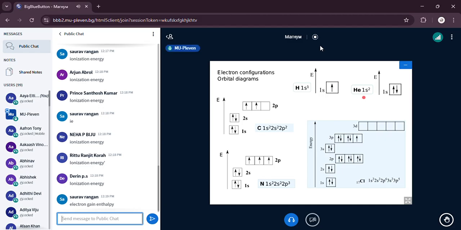Helium, 1s2, orbital diagram for helium, orbital diagram for carbon, or nitrogen orbital diagram, or chlorine orbital diagram. Which of these two types of representing electron configuration is more informative? Whether formula or orbital diagram?